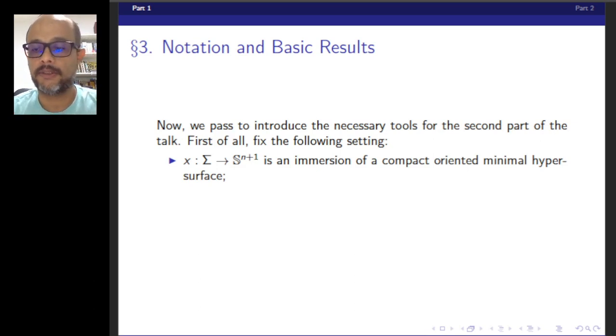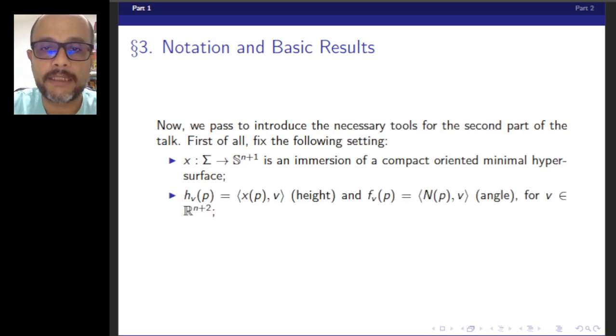So for us, X will be an immersion of a compact oriented minimal hypersurface in the sphere. And H_V will be the height function in direction V, and F_V is the angle function with the direction V, where V is a fixed vector in the Euclidean space.